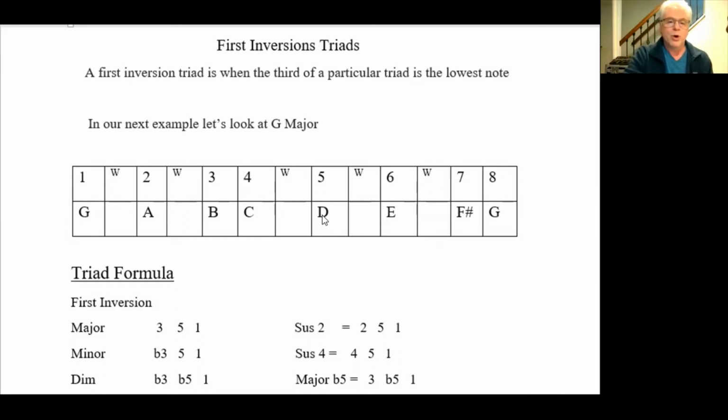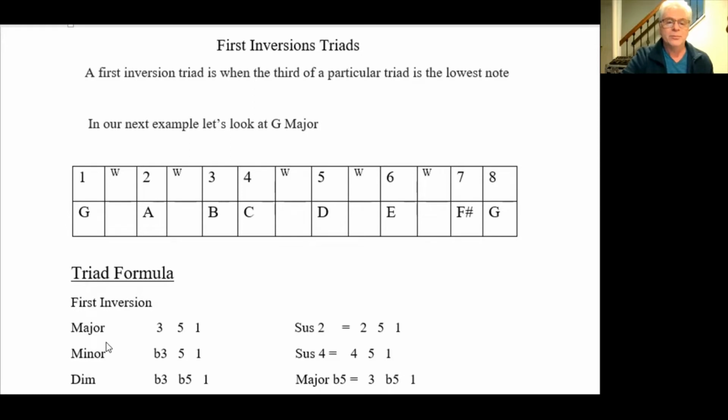So we're going to start on the third of that chord in the bass. The third note in the key of G is B, the fifth note is D, and the first note is G. So for first inversion G major triad, we begin with the B in the bass: B, D, and G.